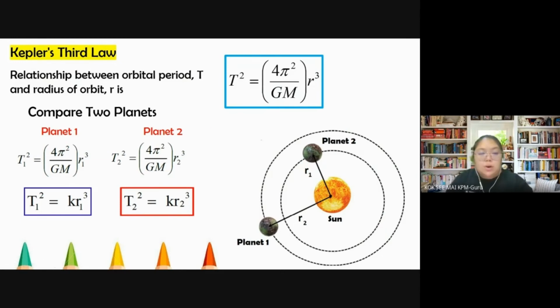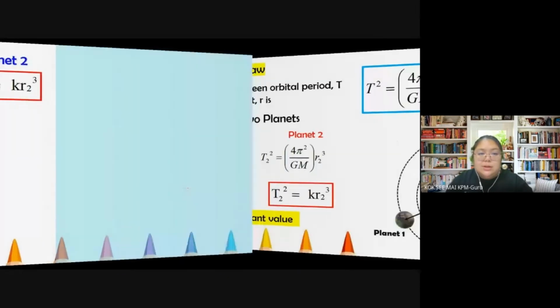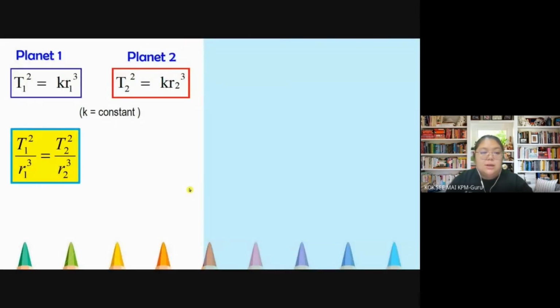Planet 2 is also the same, only I put the 2. Can you see these two are also constant values? So I put k. Both sides of k are actually the same value.